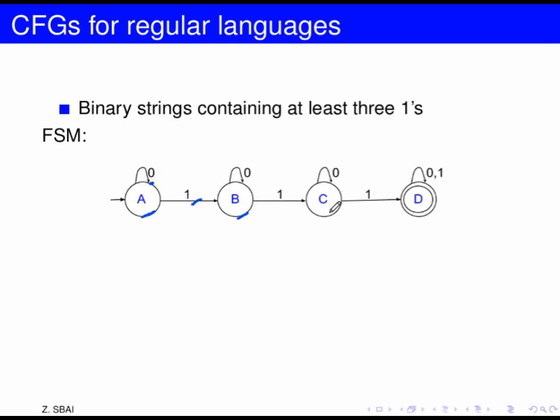From B, we will go to C if we see 1, but we will stay in the same state B if there's a 0. From C, we will go to an accepting state D, since we have already 3 ones, and we will stay in the same state C if there are some zeros. From D, we may also have another list of zeros and ones. It doesn't matter what the number is, since we have reached the state D with 3 ones.